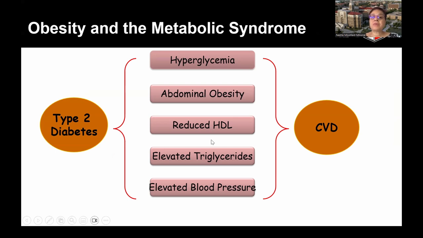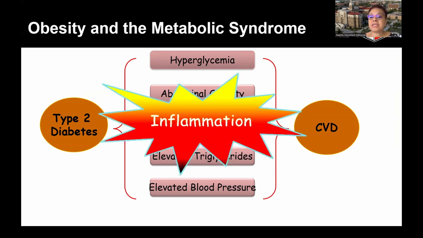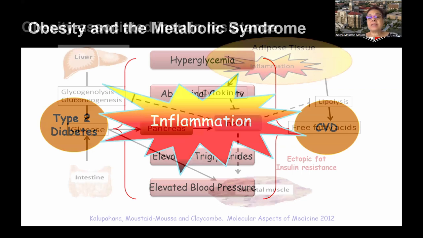In general, when you have the metabolic syndrome, you're likely to have underlying conditions such as high inflammation and high thrombosis. We focus mostly on inflammation for our research, and inflammation is an underlying feature in many metabolic diseases and can lead to or increase the risk of type 2 diabetes and cardiovascular diseases.